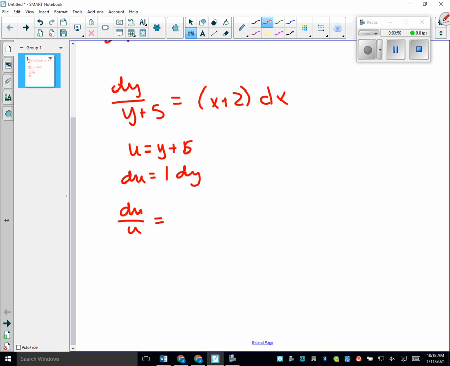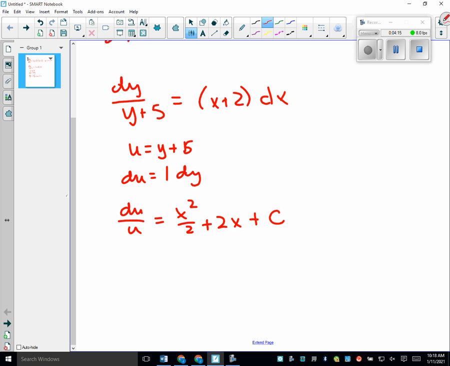Equals, can I do the antiderivative of this? What is it? Do I need to do a u? It's x squared over 2 plus 2x. Oh, you did the other side.